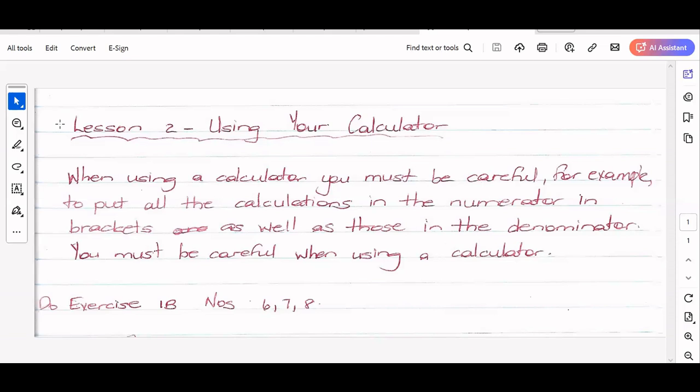So when using your calculator, you must be careful, for example, to put all the calculations in the numerator in brackets, as well as all those in the denominator, right? So I have a little example here that I'll show you in terms of using the calculator. All right.